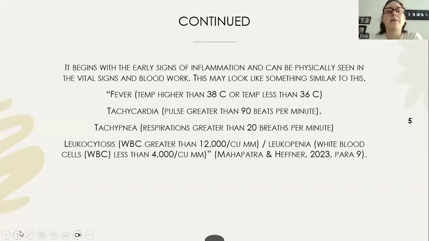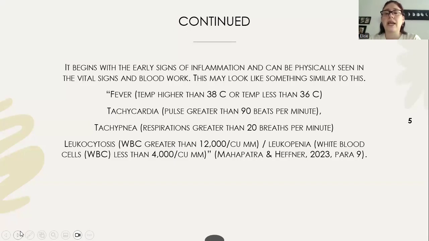Continuing on, it begins with early signs of inflammation and can be physically seen in the vital signs and blood work. This may look something similar to what I've presented right here. Fever, temperature higher than 38 Celsius, or temperature less than 36 Celsius, which would then be hypothermia.